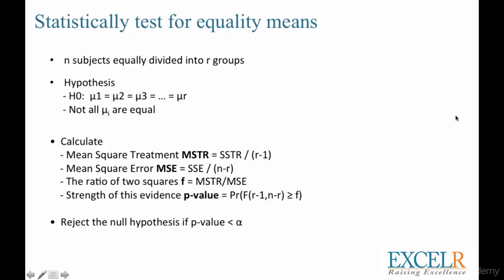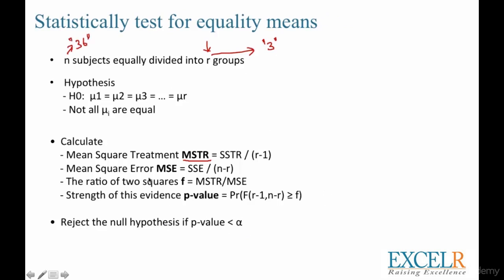Look at this. So sum of square treatment divided by r minus 1 would give you mean square treatment. This will not get influenced by the number of samples that you have. And r is number of groups. In our weight loss program, we have 3 groups: Atkins Diet Program, South Beach and GM Diet Program. And we had 36 people.